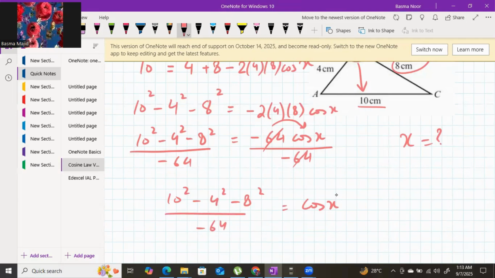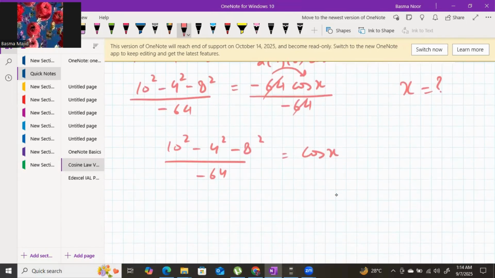You know that we need x, so we don't want cos with it, and whenever the cosine or any trigonometric function moves to the other side, you take its inverse. So cos on the other side will become cos inverse of this whole thing. You don't have to write cosine here because you already moved it to the left hand side.